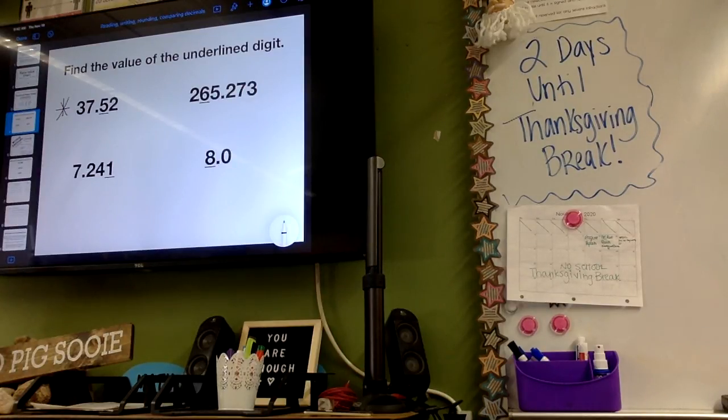Okay, so we're looking at the 5. I circled the 5 too. All right, Isaac, what place value is that 5? Tenths. How do you know it's tenths? It's right behind the decimal, and if you look on your place value chart, above the 5 tells you it's the tenths place.